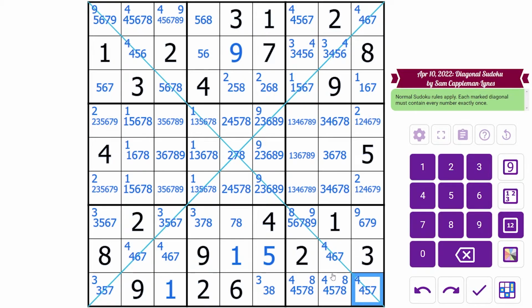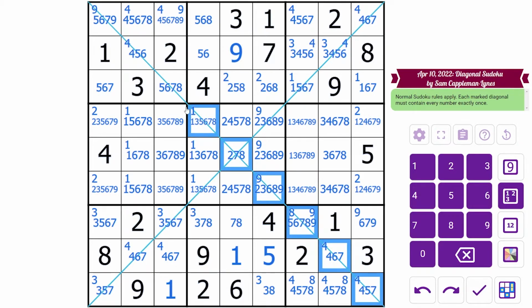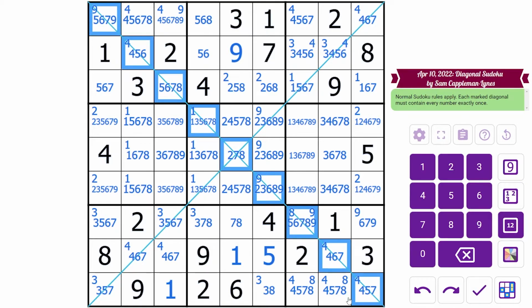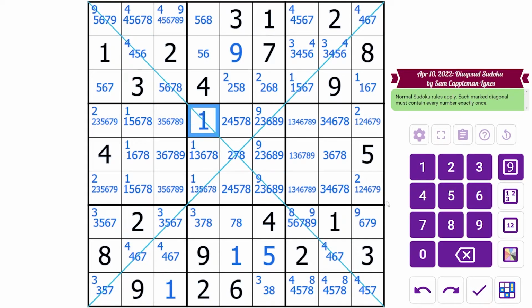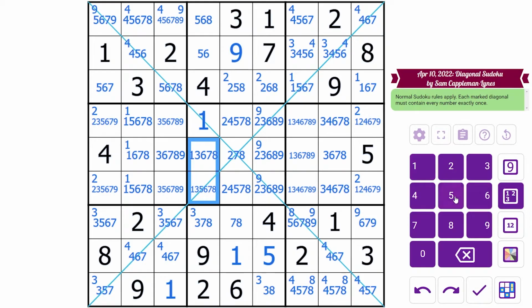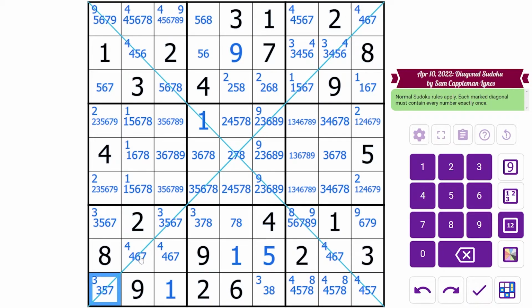What's interesting, though, now that I'm looking at it, on this diagonal, where does our 1 go? And it looks like it can only go in one spot. So this is a 1. And that removes the 1 from there. Okay. So let's do the same thing.